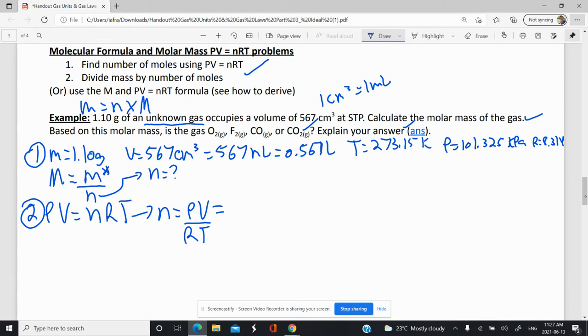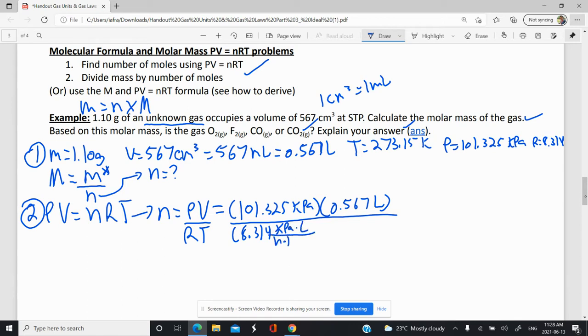And so that's going to be my pressure, which is 101.325 kPa, multiplied by our volume, which is 0.567 liters, divided by our R, which is 8.314 kPa liters per mole Kelvin, and then multiplied by our temperature, 273.15 Kelvin. We can cancel out Kelvin, kPa, and liters, and in the end, we're left with moles, which is what we're looking for.